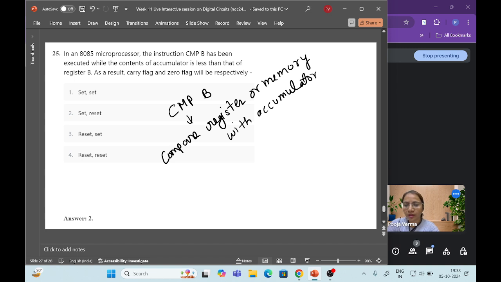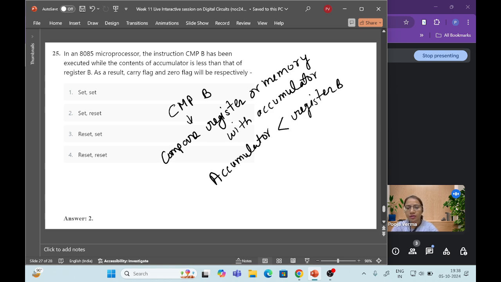They are saying that the content of the accumulator is less than the register B. After executing this instruction, the content of the accumulator is less than the register B. As a result, what will be the carry flag and zero flag?